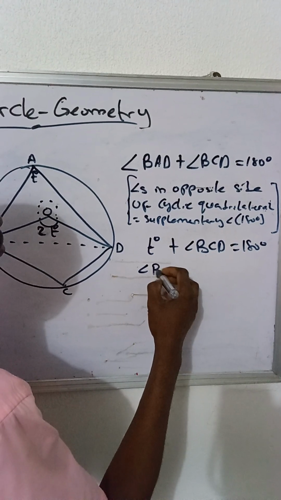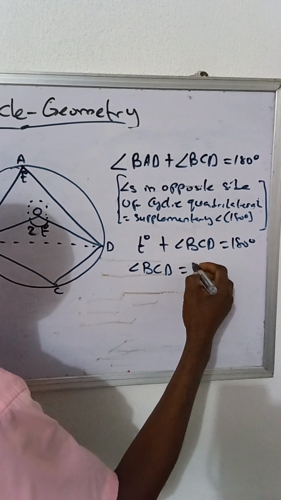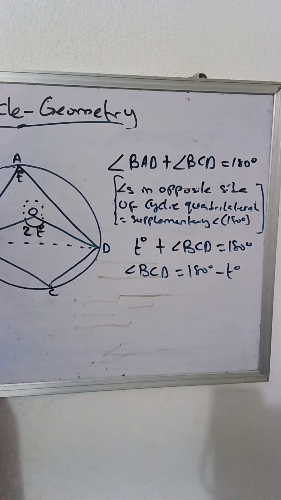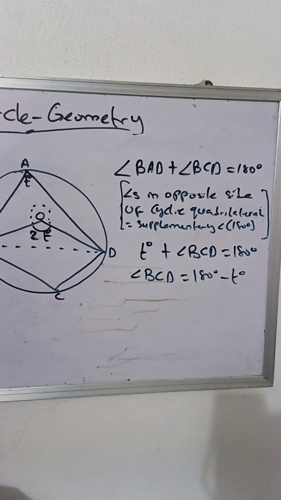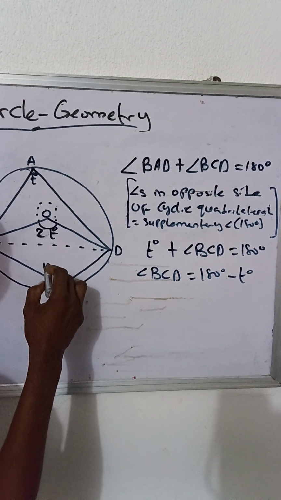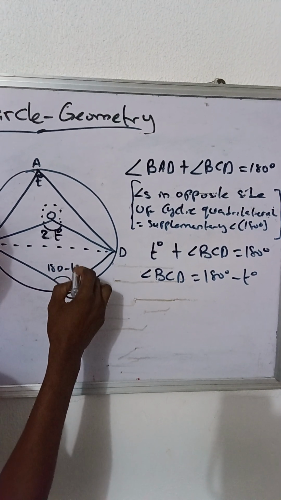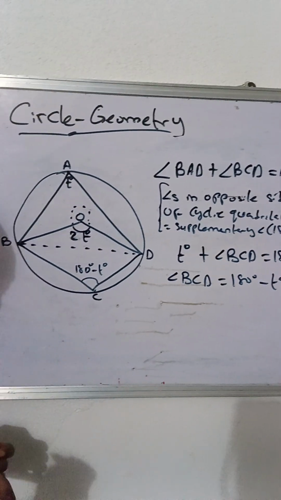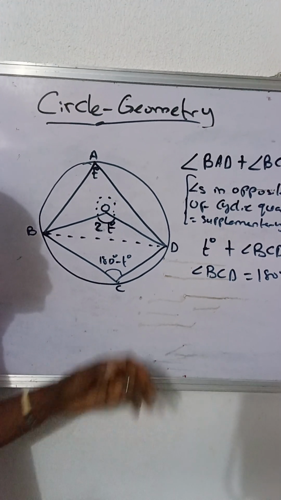Angle BCD equals 180 degrees minus 60 degrees.